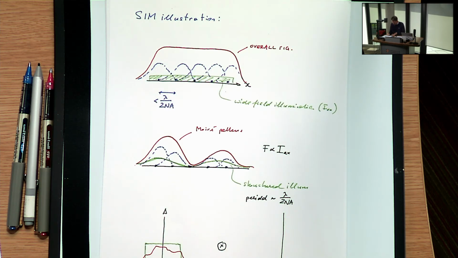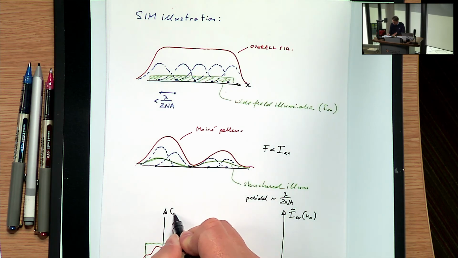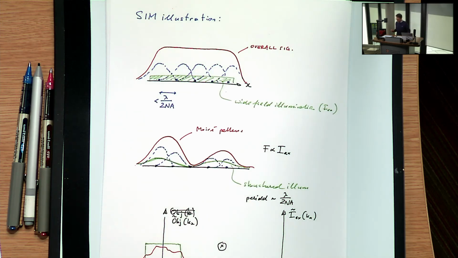So this is Kx, and this is the illumination, the Fourier transform of I(x), and this is the object, the Fourier transform of the object.